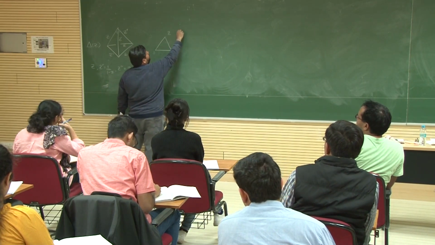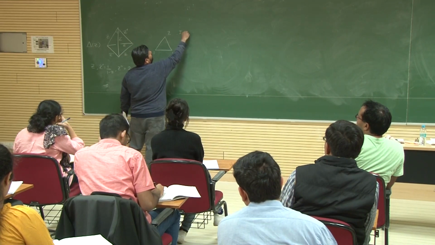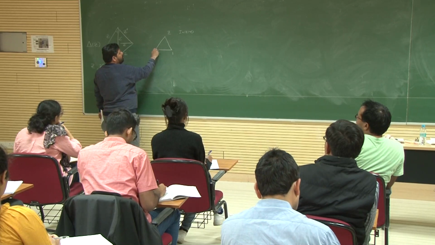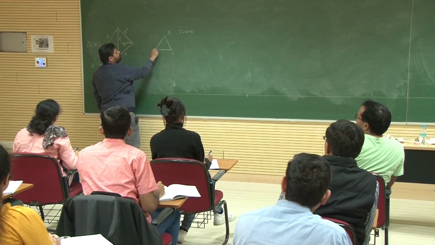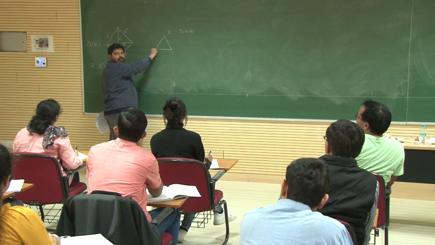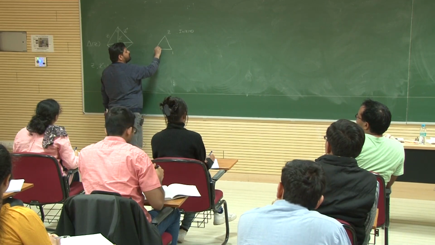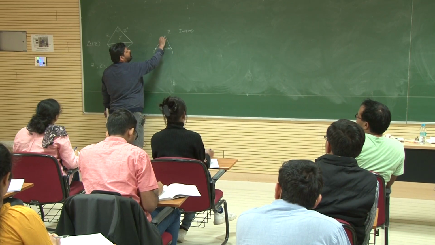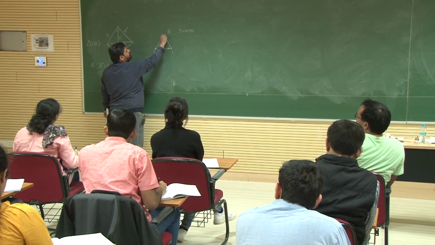So this is your imaginary part of z greater than 0, and if you are looking at it from the top, this vertex is basically an edge. This is what is z. Then this vertex here is what is z prime, and this vertex here is z double prime.